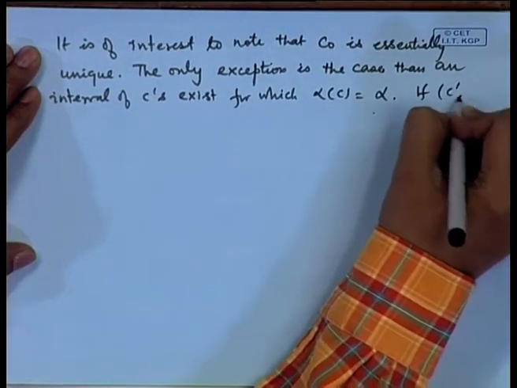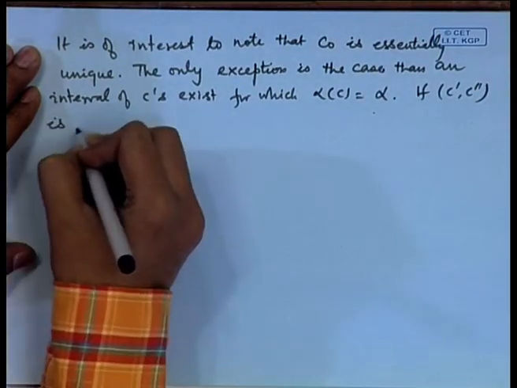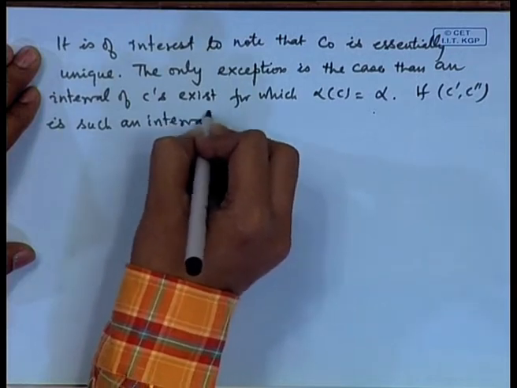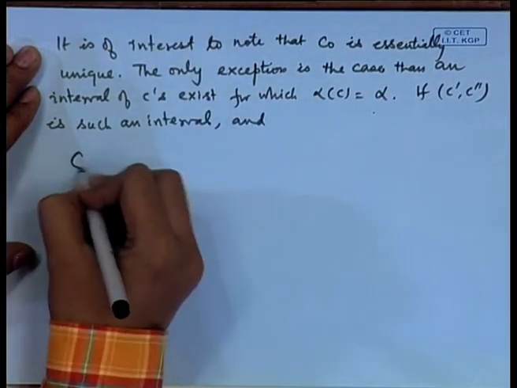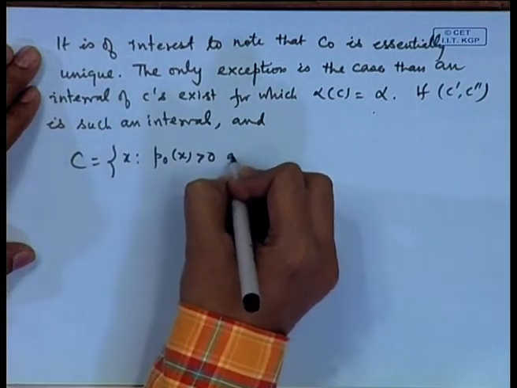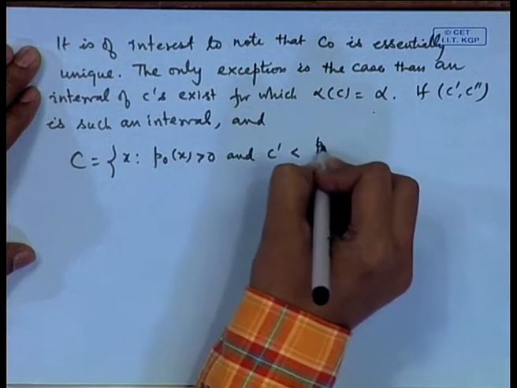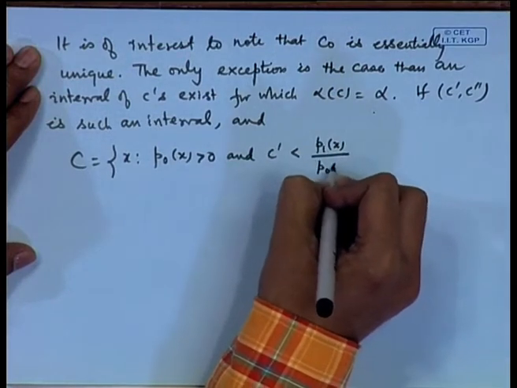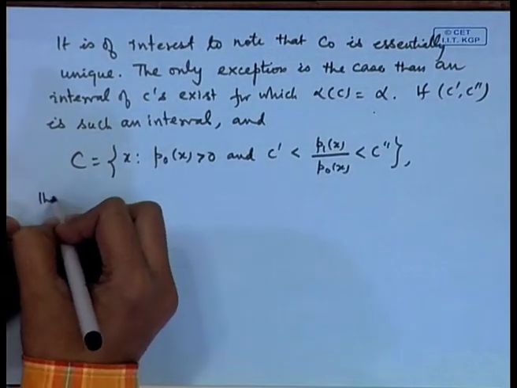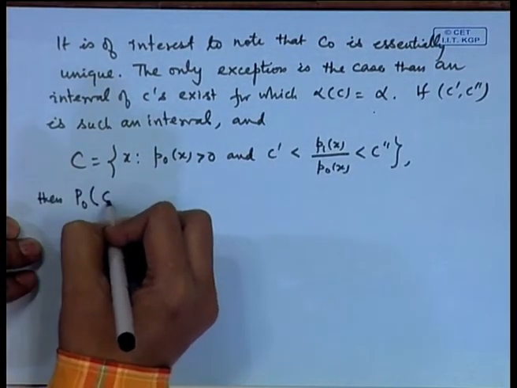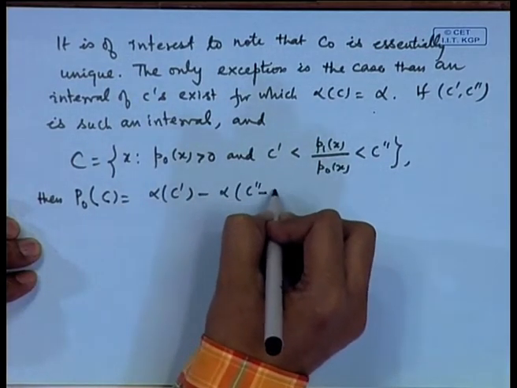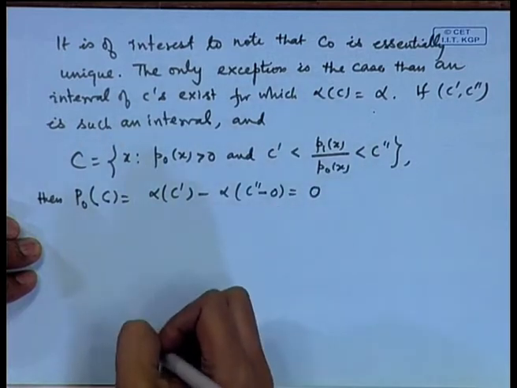So, if C prime to C double prime is such an interval, and C is equal to x such that P naught x is greater than 0 and C prime is less than P 1 x by P naught x is less than C double prime, then P naught C is equal to alpha C prime minus alpha C double prime minus 0, which is actually equal to 0.